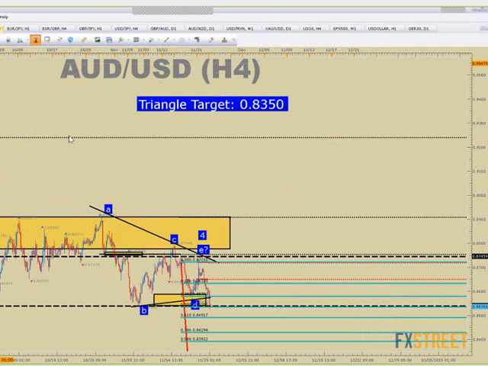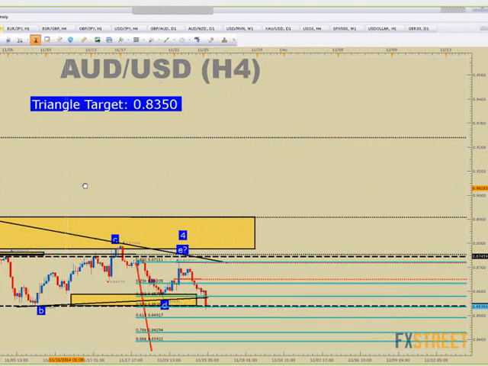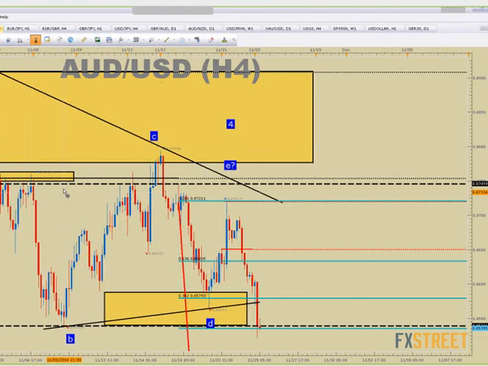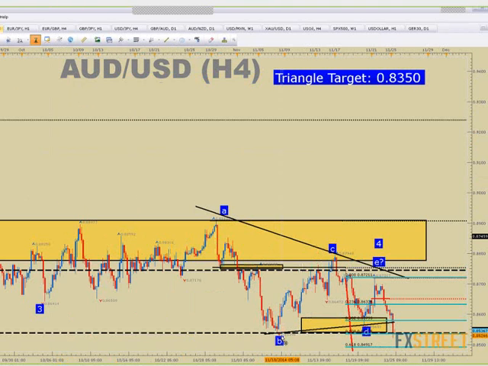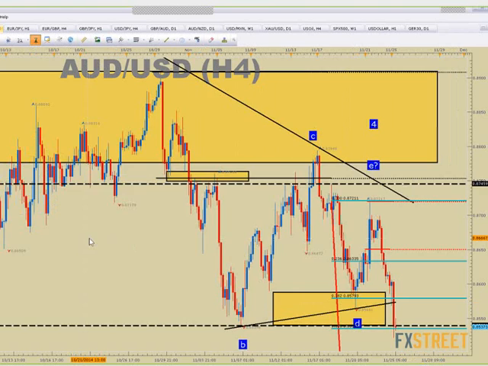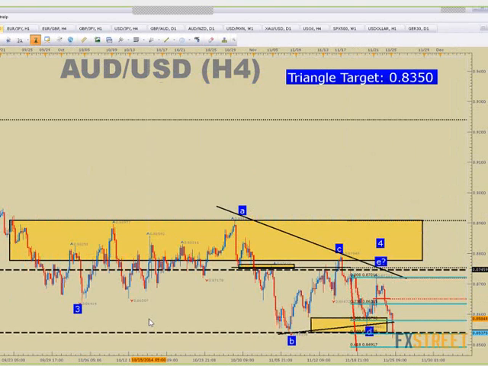I showed you that we hit 4-year lows on Aussie dollar today. And so what we did is we broke B. Breaking D is not as validating a move, because you might have this mislabeled. But if you have the extreme part broken of a triangle, that's often going to be your best bet.